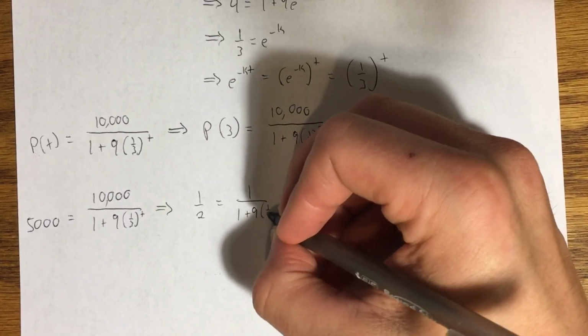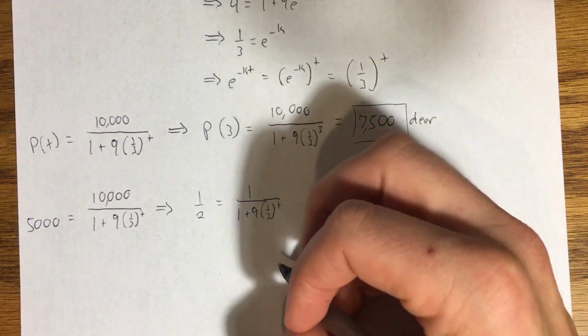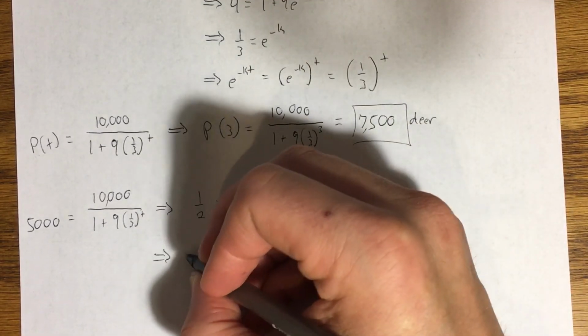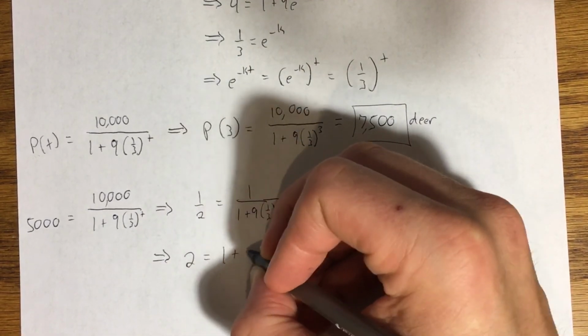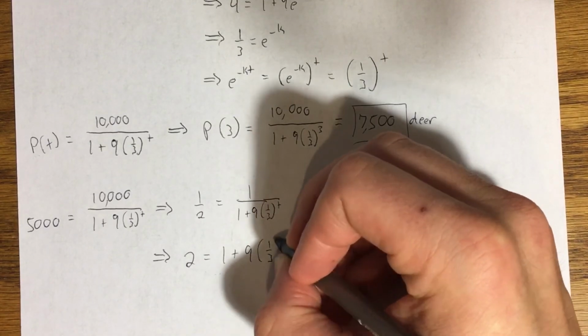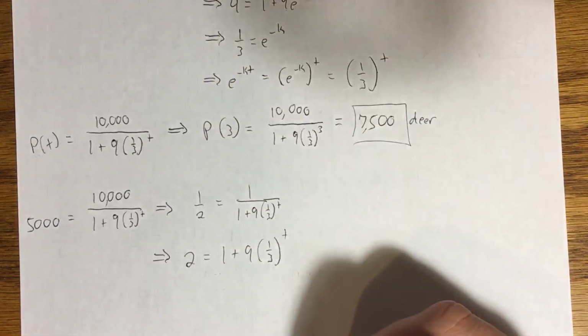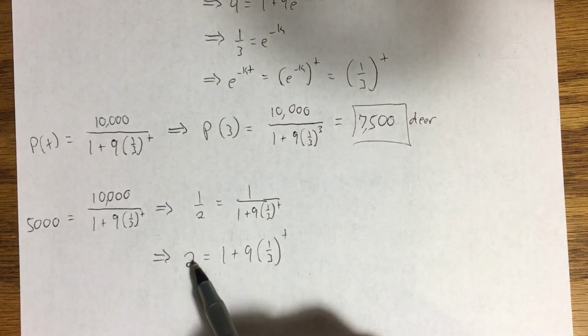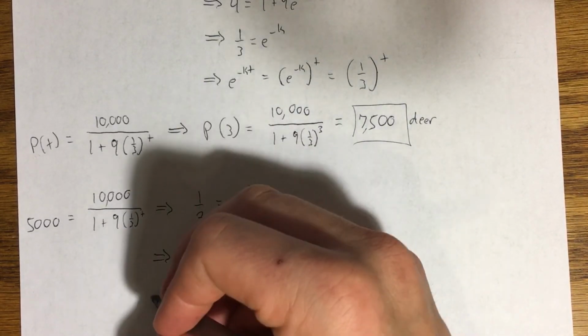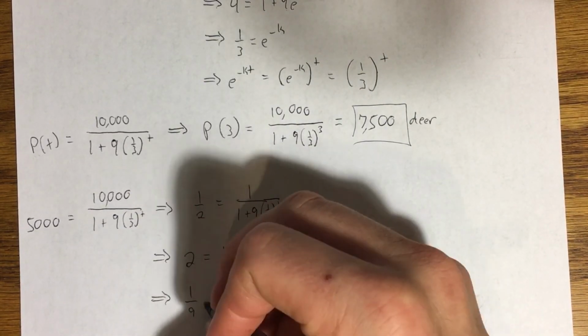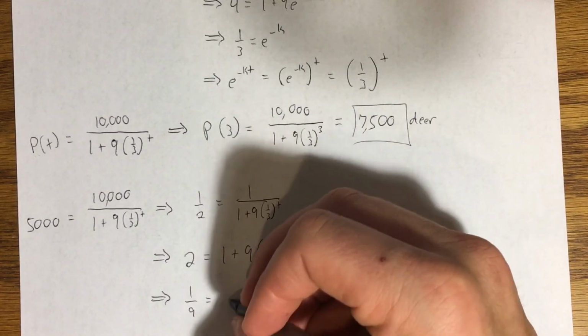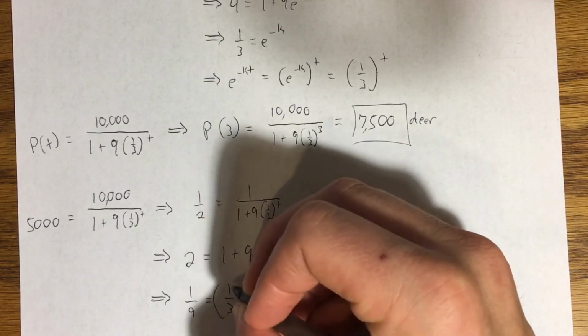Take reciprocals. 2 is equal to 1 plus 9 times 1/3 to the power of t. Subtract 1, that gives me a 1 here. Then divide both sides by 9. I get 1/9 equals 1/3 to the power of t.